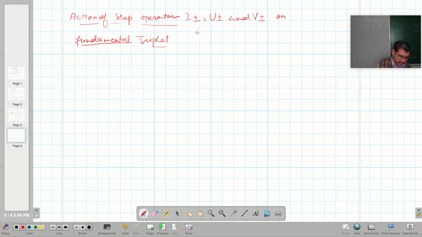This is again very important. So in the earlier lecture we have talked about the step operator. In the earlier lecture we have defined step operators.